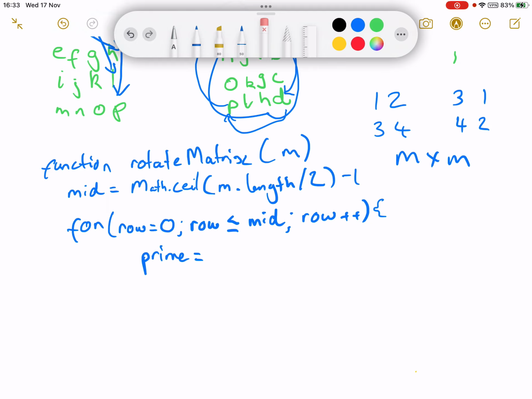Let's see, is there a difference between prime and complement? Let's call it complement. Right, is equal to m dot length minus the row, the current row, so it will be like 2 minus 1.